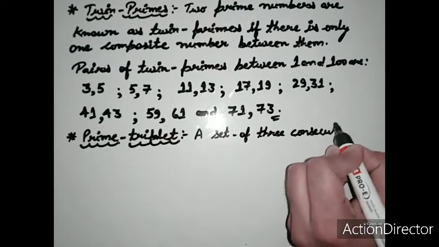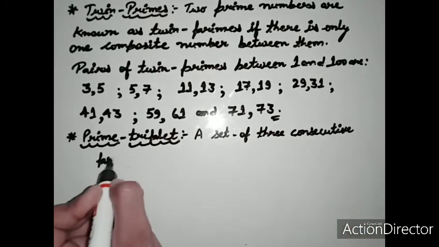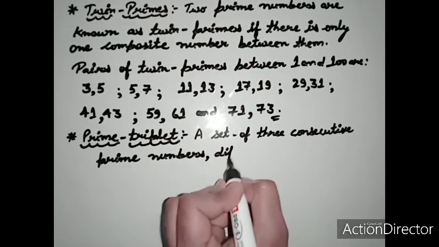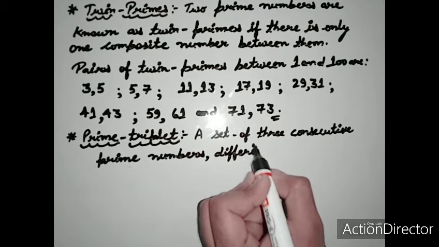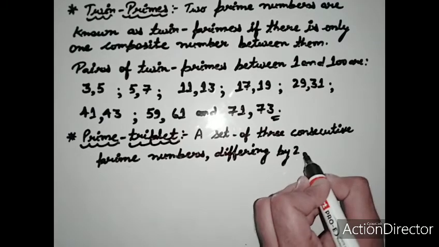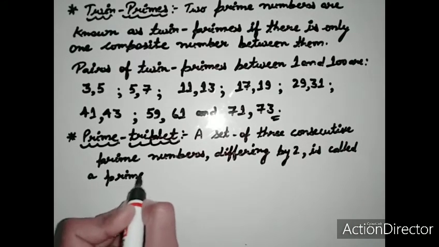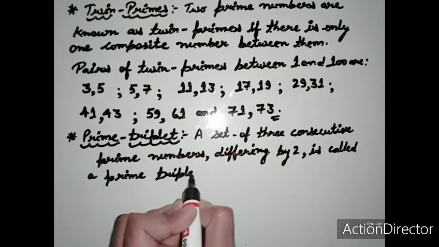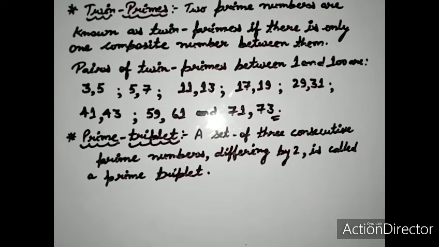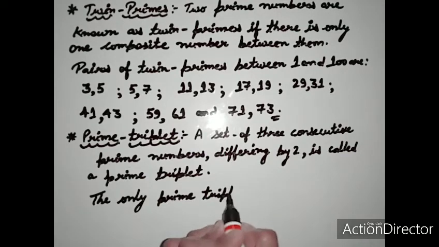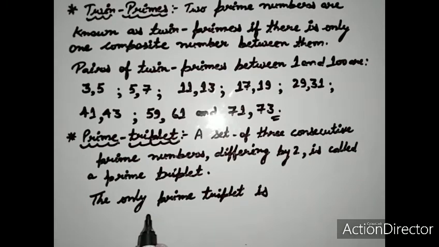Three consecutive prime numbers differing by 2 is called a prime triplet. The only prime triplet is 3, 5, 7.